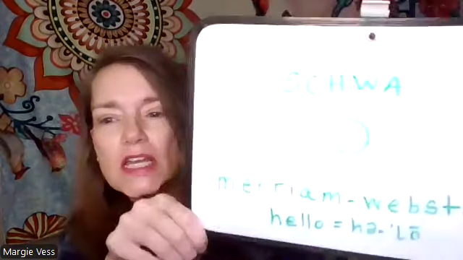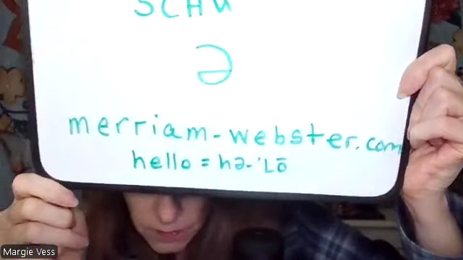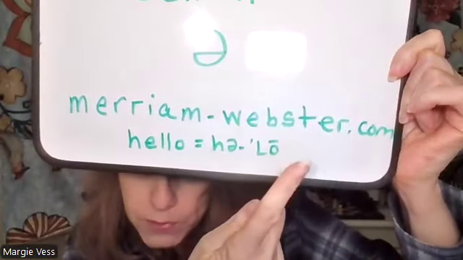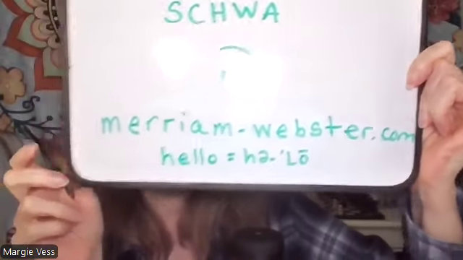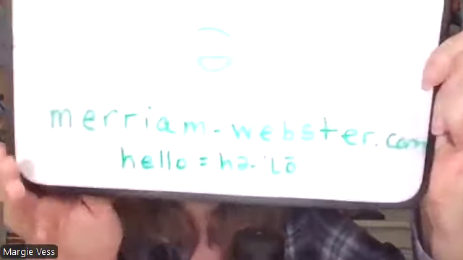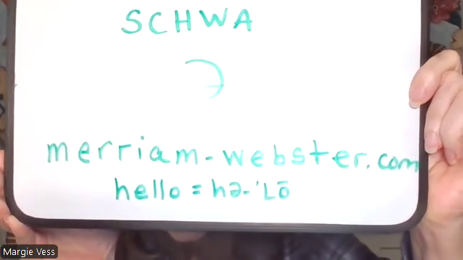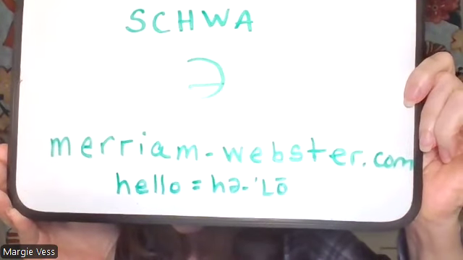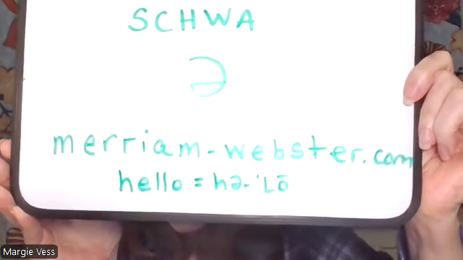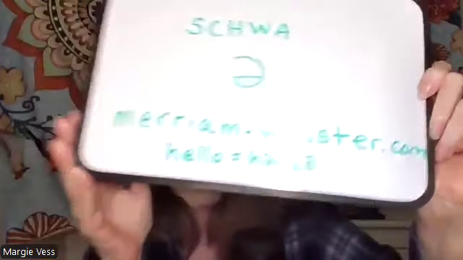But let me tell you about this website, merriam-webster.com. That's where I go when I'm learning a new word or a new pronunciation, or I don't know how to spell something, or I need to look up the actual definition.